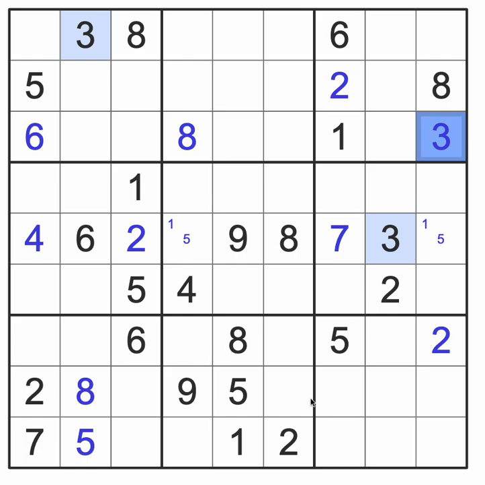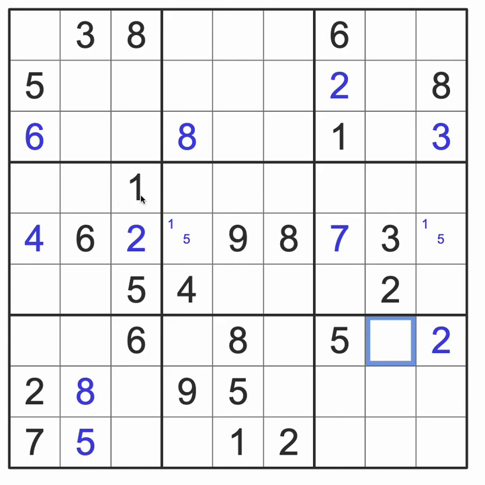And I can place 1 in box 9. To do that, first let me look at box 7, where this one blocks this. So 1 in box 7 will be here or here. And that means this cannot be 1.